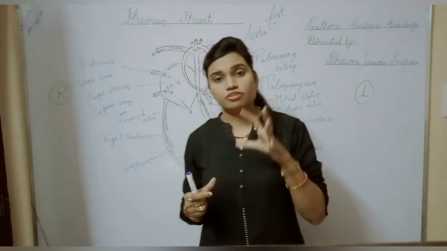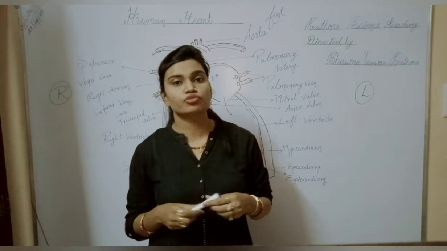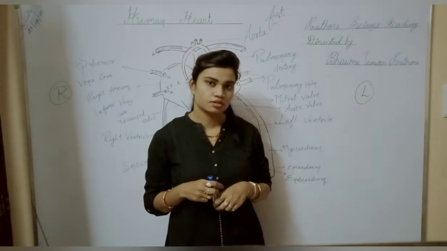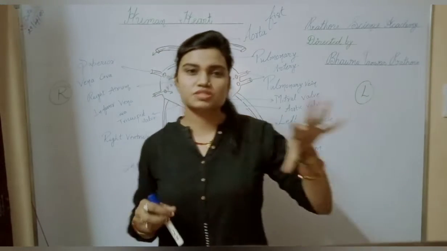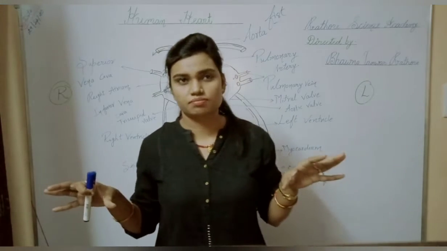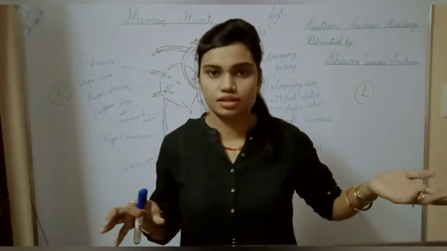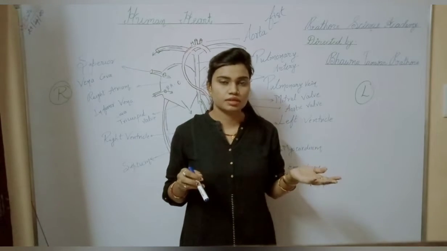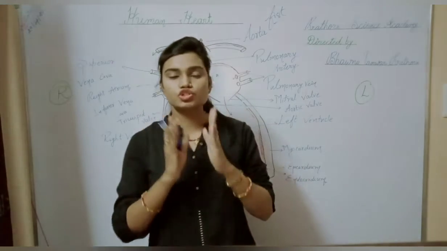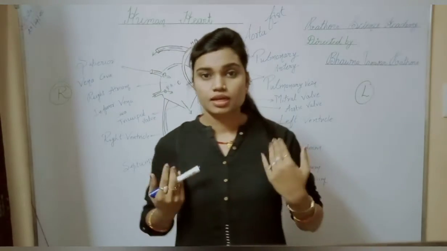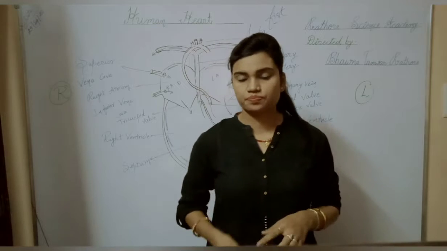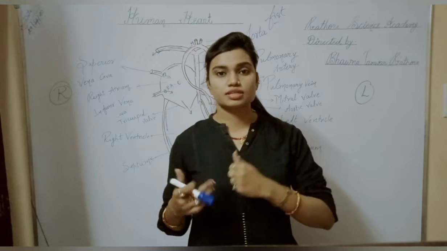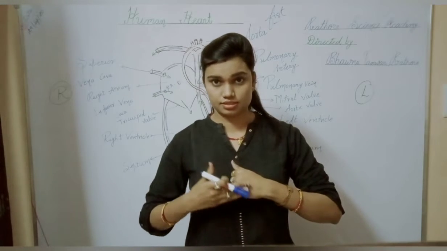Now if we talk about the location of human heart, what will it be? We have all heard so many times that it is shifted toward the left side. No, the heart is not towards the left side, but the exact position of human heart is in between the thoracic cavity. That means this is your thoracic cavity, and in the middle of your thoracic cavity your heart is situated like this.